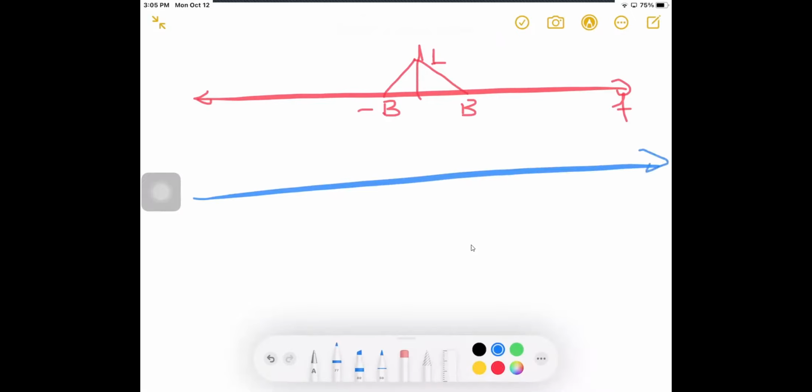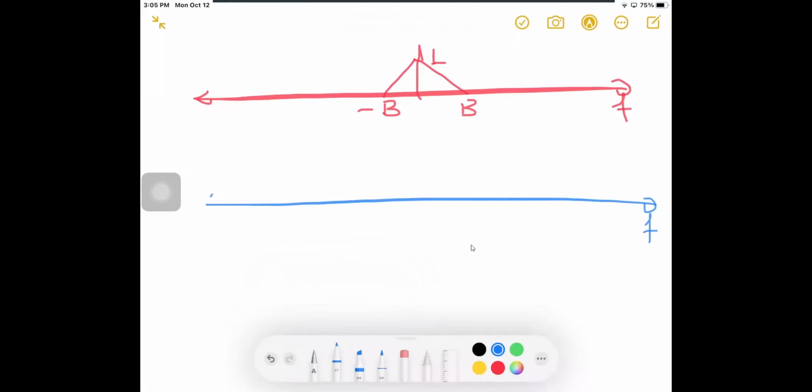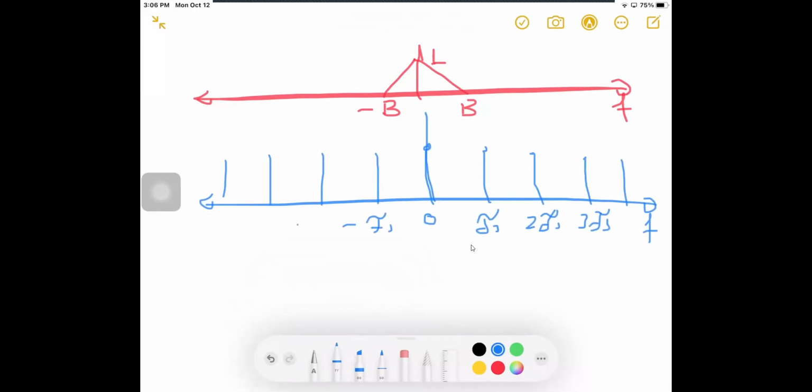And here we have the sampling function frequency, on the f axis: 0, fs, 2fs, 3fs, minus fs, minus 2fs, and minus 3fs, and the magnitude for this will be 1 over ts.